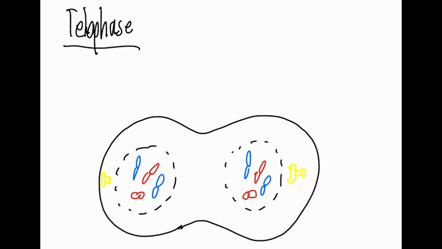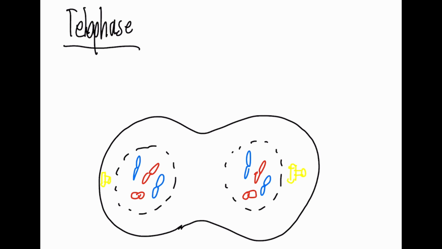Now, telophase is also rather easy to identify because you can see that the nuclear membrane is back, or to say, the nuclear membrane has been reformed. Since the nuclear membrane has been reformed, it is said that the nucleus, the two nucleoli, are reformed again. You'd also notice that the spindle fibers are now gone, or rather they have disappeared.